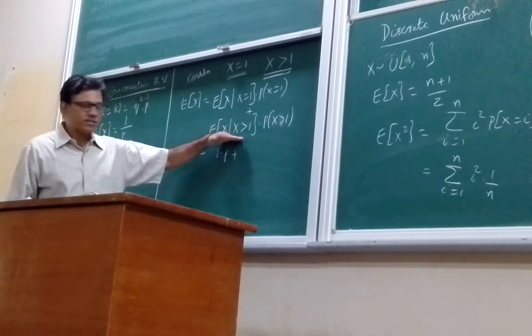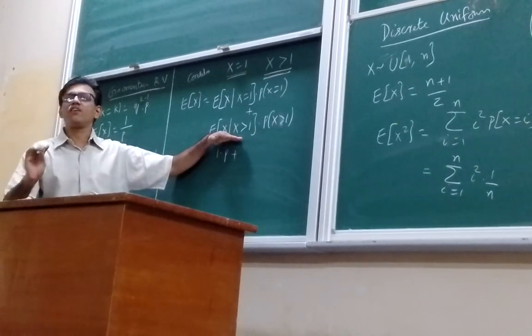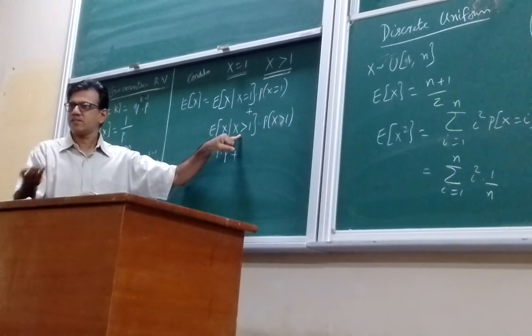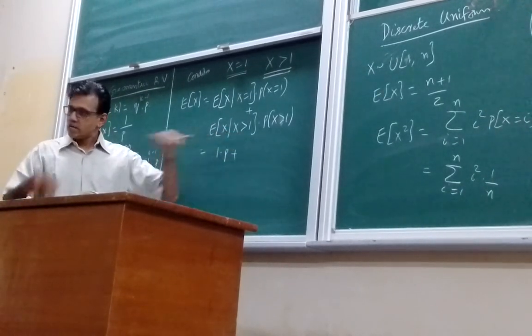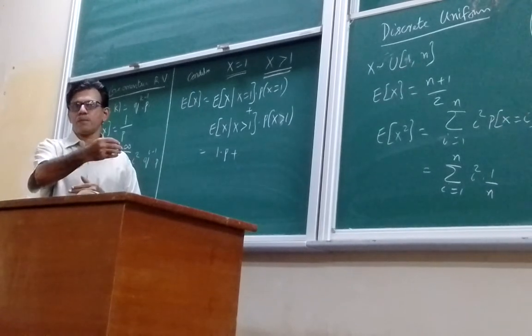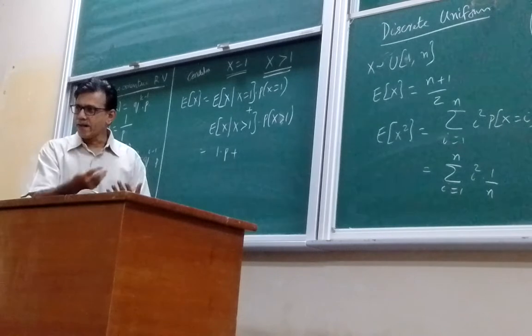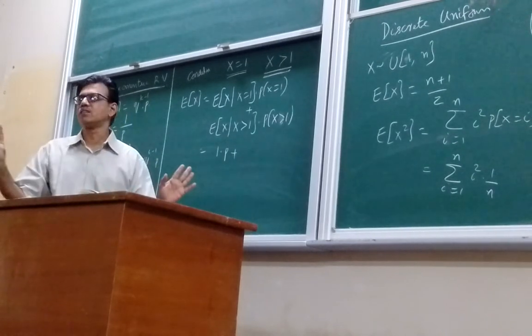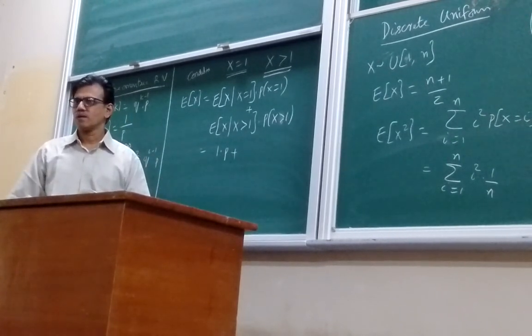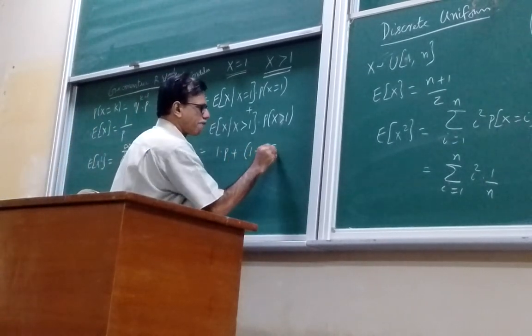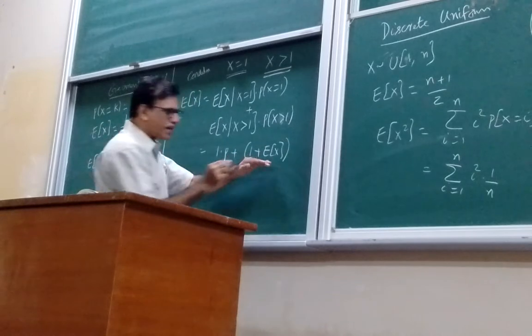So this is 1 plus E of x, because 1 is wasted, because the condition tells us that it is greater than 1. Now the expectation of the remaining number of trials you have to wait to get the success is E of x itself. Is this understandable?